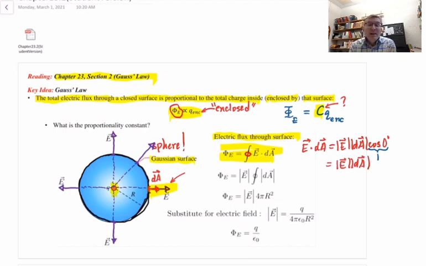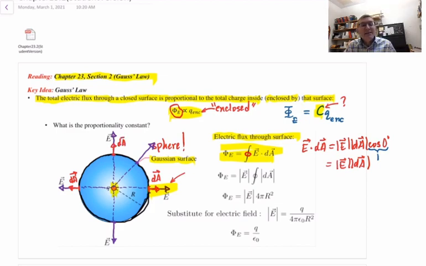Now, I picked that one patch there on the right side of the sphere, but you could have done the same thinking for the patch over here on the left side. There's the little area patch. There's the little dA. Well, look at that. The E and the dA are again parallel. Or what about the little patch at the top of the sphere at the North Pole? There's the dA for that little patch.